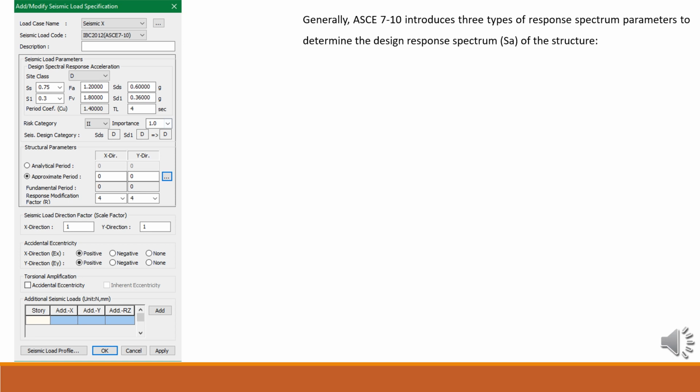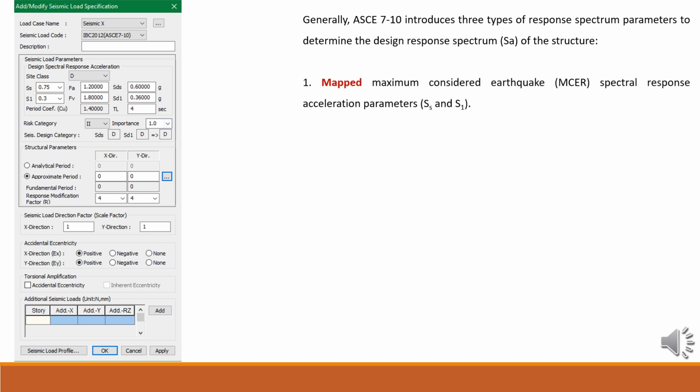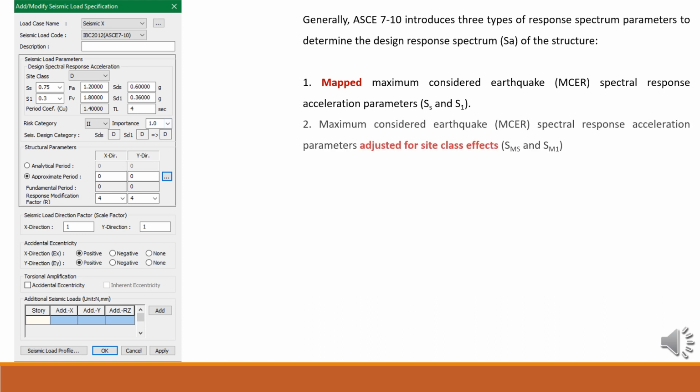Generally, ASCE 7-10 introduces three types of response spectrum parameters to determine the design response spectrum (SA) of the structure. 1. Mapped maximum considered earthquake (MCER) spectral response acceleration parameters (SS and S1). 2.